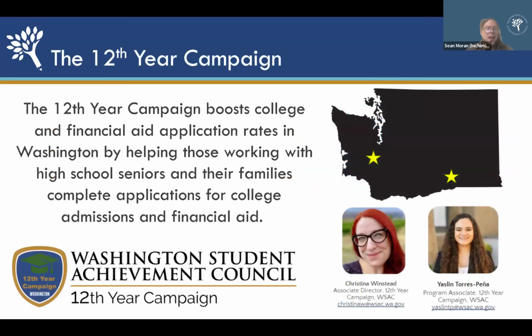One of the organizations that many of you have probably heard of is the 12th Year Campaign team. This is made up of Christina Winstead and Yaslin Torres Pena, and they work on both the west side and the east side, which is so exciting, having representation from both so that they can meet schools across the state in various regions.